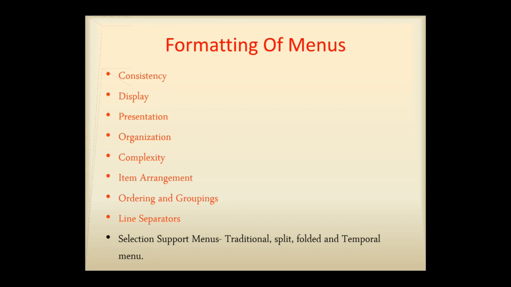And if there is no small discrete set of items that are used more, then you can make use of traditional menus, right? So these are all different factors used to format the menus.